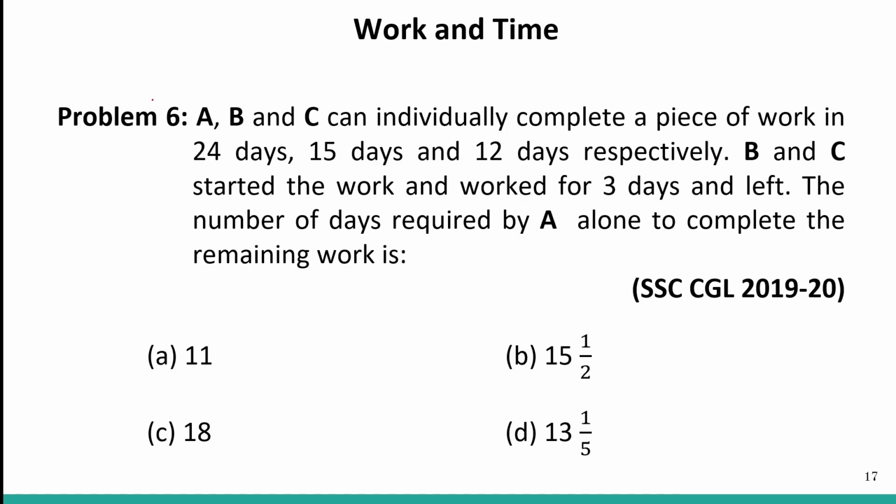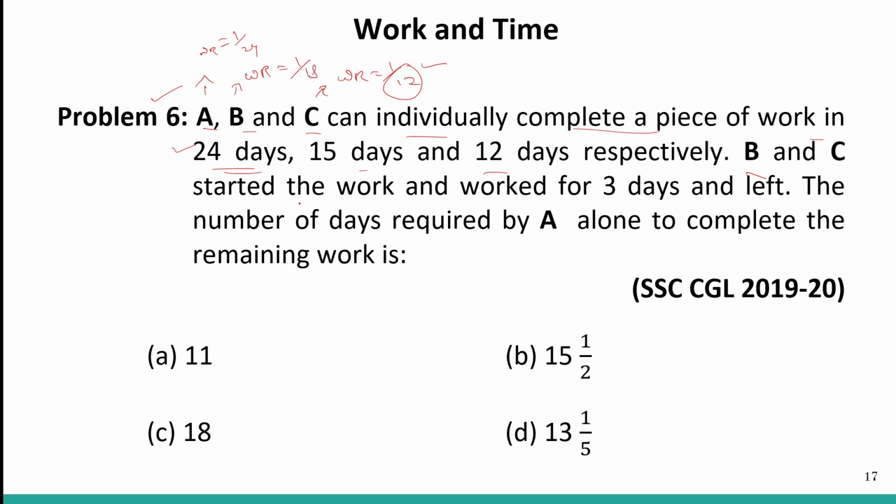So problem number 6. Okay. A, B and C can individually complete a piece of work in 24 days, 15 days and 12 days respectively. So A's work rate is 1 by 24, the work rate for B is 1 by 15 and the work rate for C is 1 by 12, right?